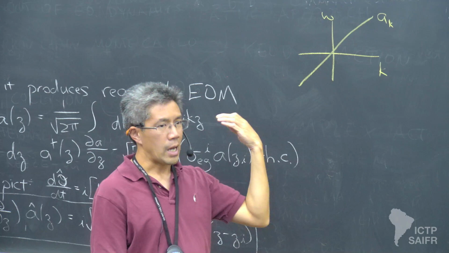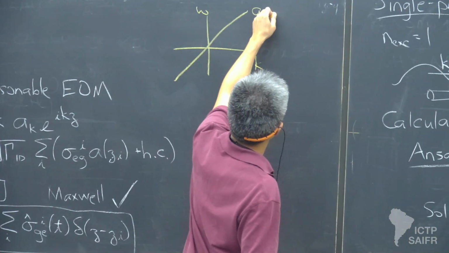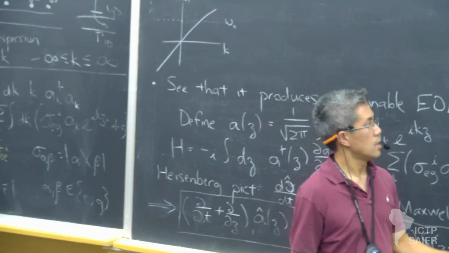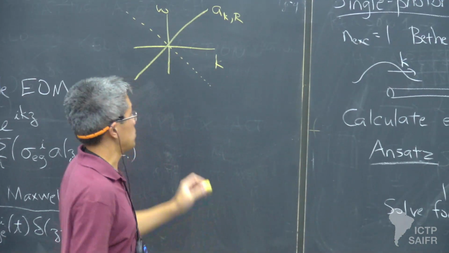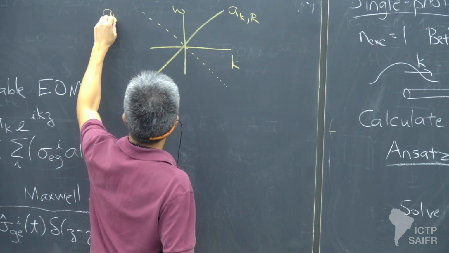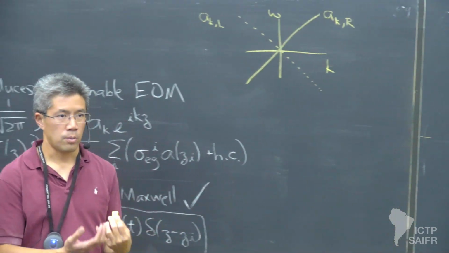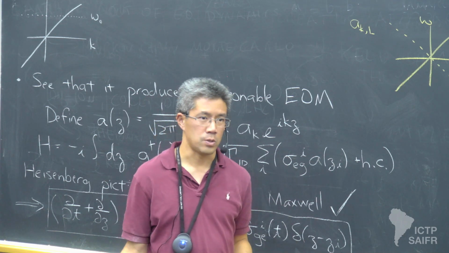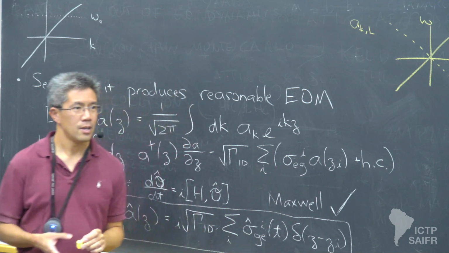If I wanted a back-propagating, left-propagating field, I should label these A_k with an extra index, right-going, and then add a separate set of photonic modes, which I'll call left-going. That would allow for propagation in both directions. So that's one way to understand how it's effectively chiral. Okay, thank you.